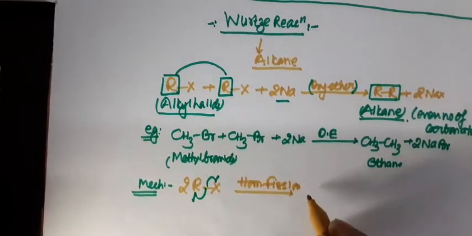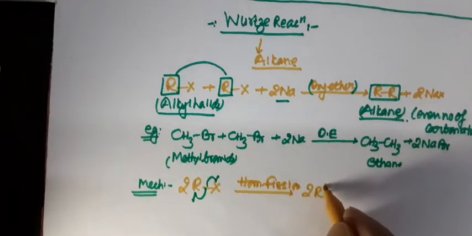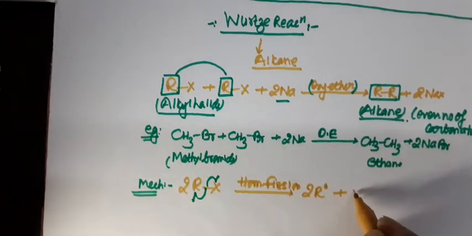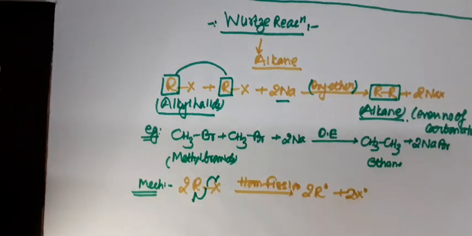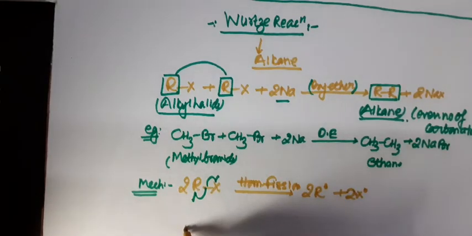So two alkyl free radicals and two X free radicals are generated.